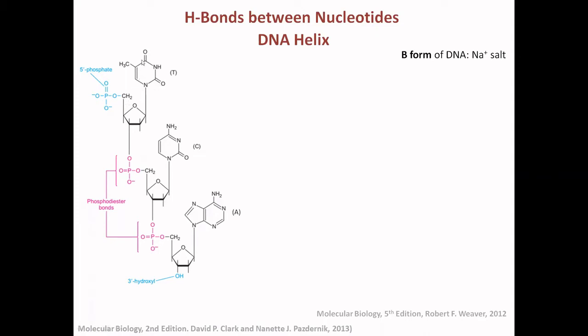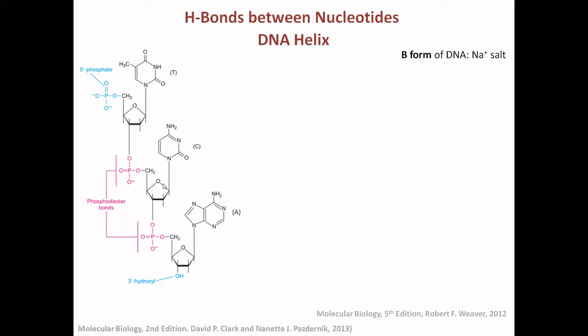So here, this is a nucleotide that is composed of a phosphate group, a deoxyribose sugar, that is a pentose sugar, and a nitrogenous base. Here it is thymine. So this is the 5' terminus. The 3' OH group of this pentose sugar forms a phosphodiester bond with the phosphate group of the subsequent nucleotide.